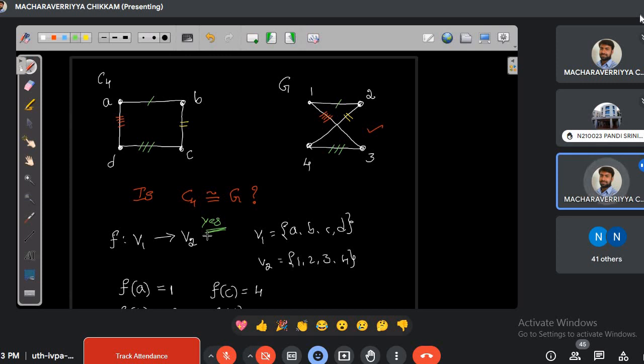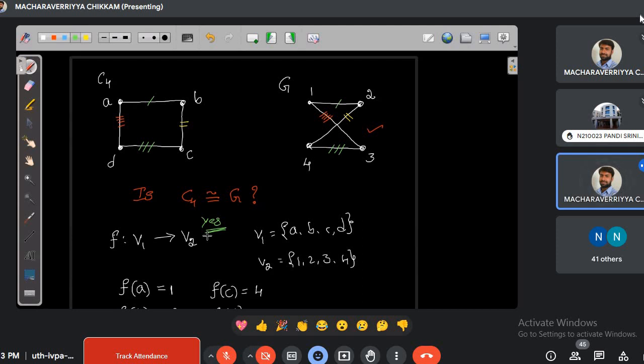The only thing is you just change the vertices' positions so that you will get the other one. So isomorphism means the same thing. You can reassign the vertex names so that you will get one graph using the other graph. That's what it is.